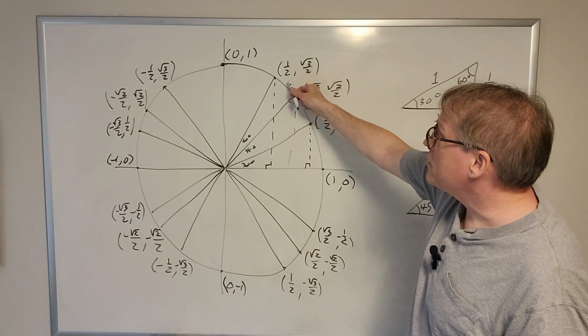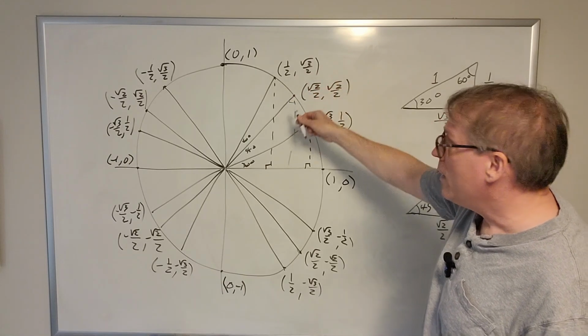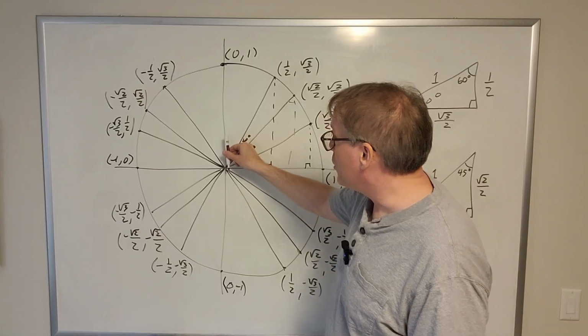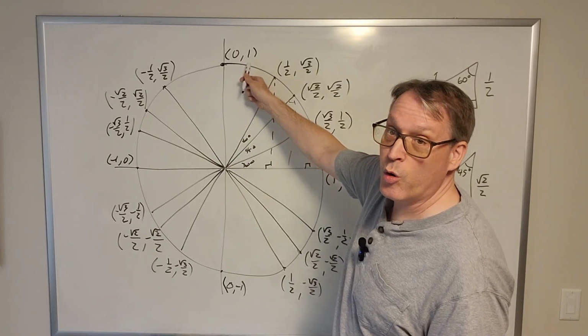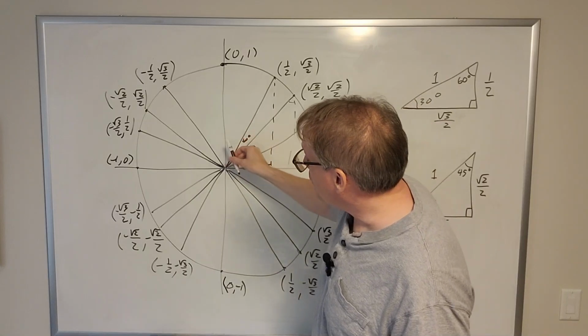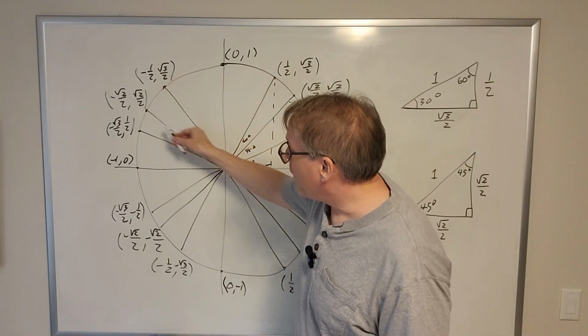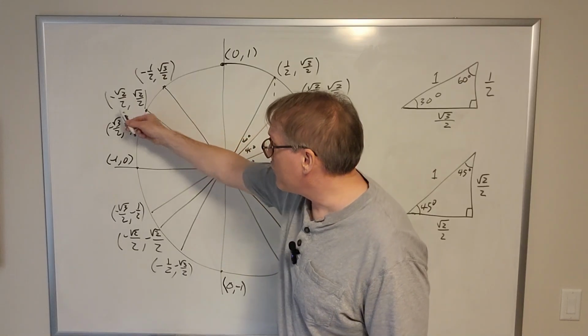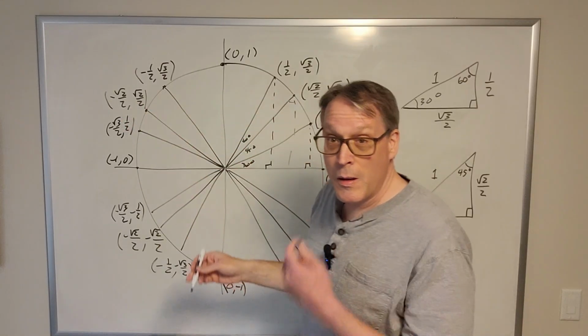Cosine of 60 degrees is 1/2. Sine of 60 degrees is square root of 3 over 2. And if you go up 90 degrees, cosine of 90 degrees is 0. Sine of 90 degrees is 1. And then you can add on another 30. So 120 degrees, there's your cosine, there's your sine. Add on 135 degrees, so this is going all the way to 135 degrees, minus square root of 2 over 2, and square root of 2 over 2, and so on.